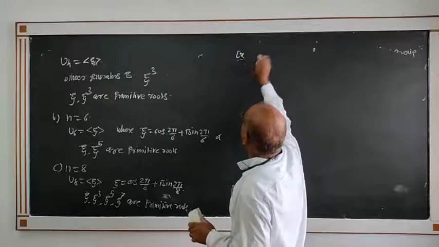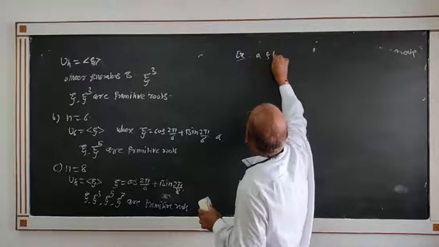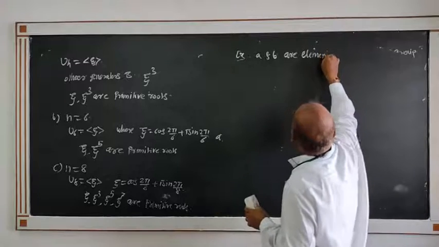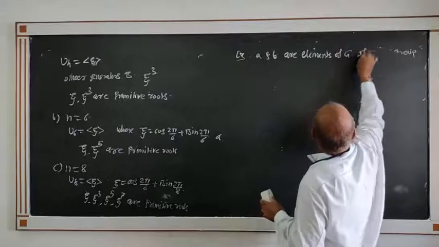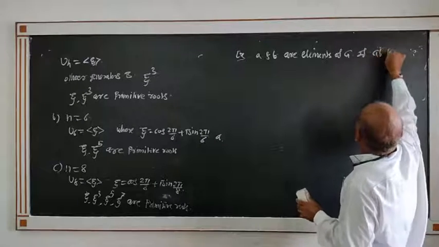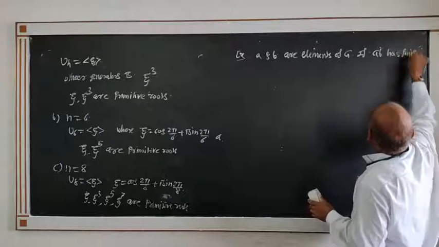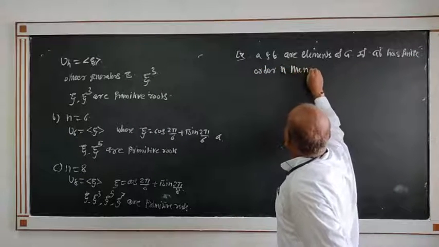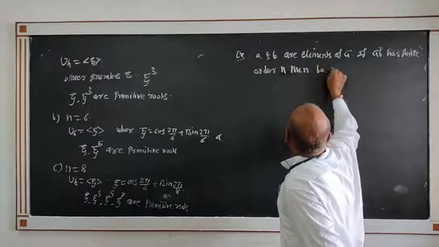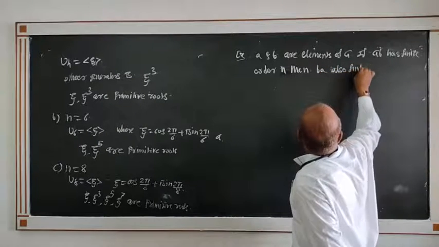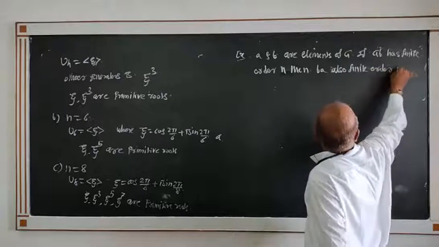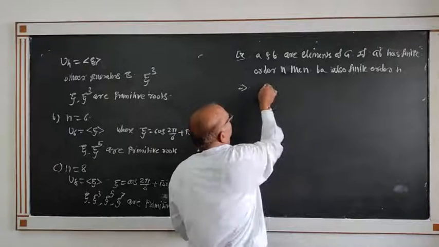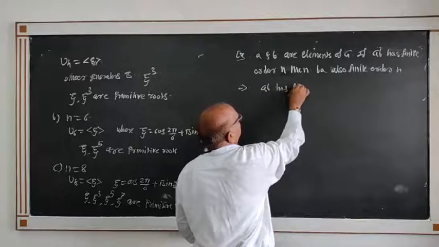Here, A and B are elements of G. If AB has a finite order N, then BA also has finite order N. Here AB has a finite order.